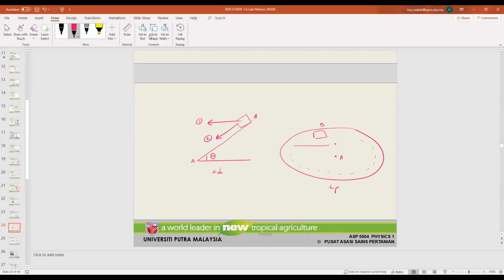Atas kan? It has to be the same level as your circular motion. Baru jadi radius. Okay, so if your radius is here, which means that your AC is also here. Okay, so AC is number 1. Betul. Okay, so we want our AC this way. Bukan want lah, memang AC kat situ pun.